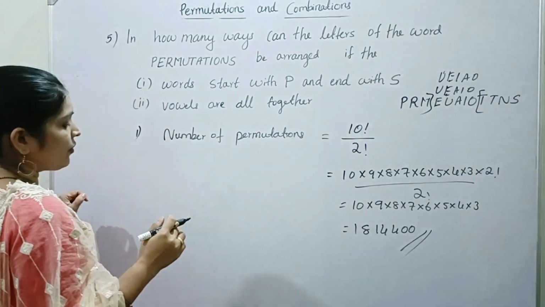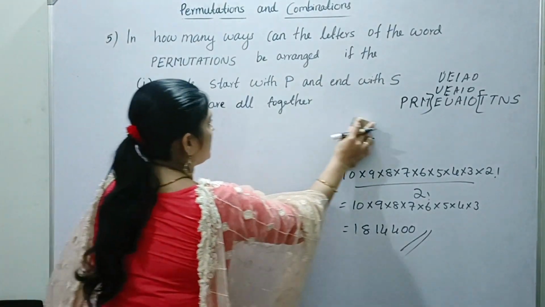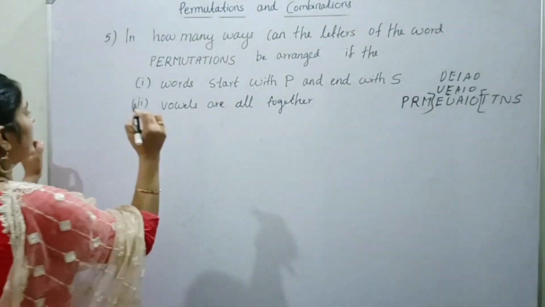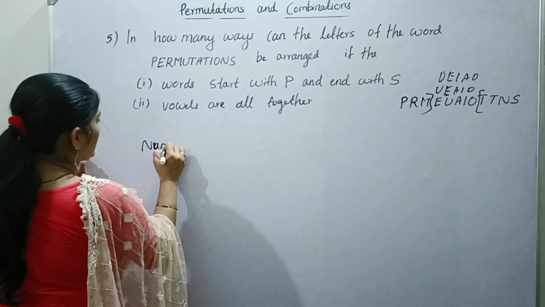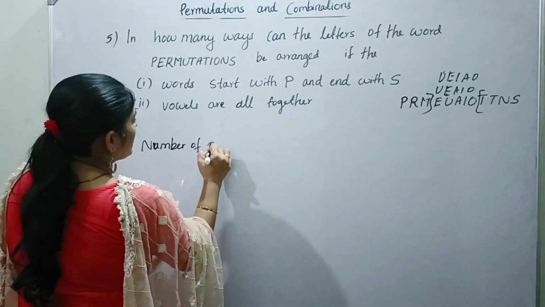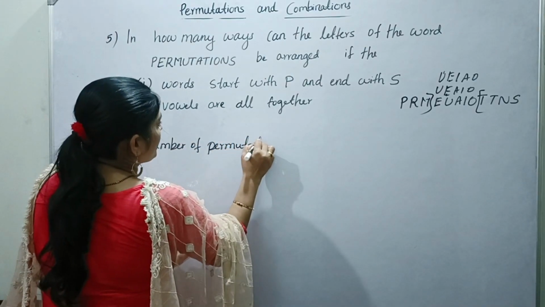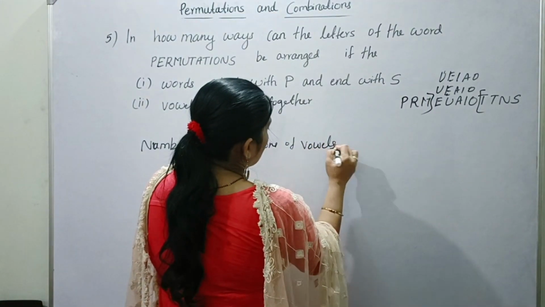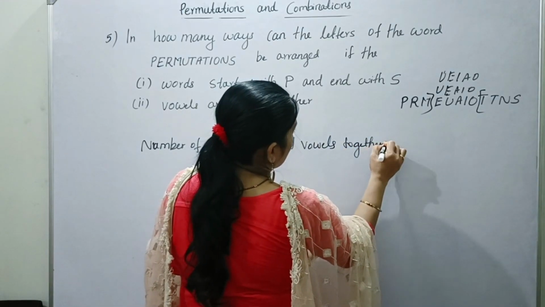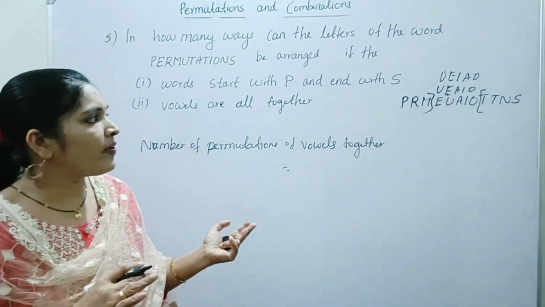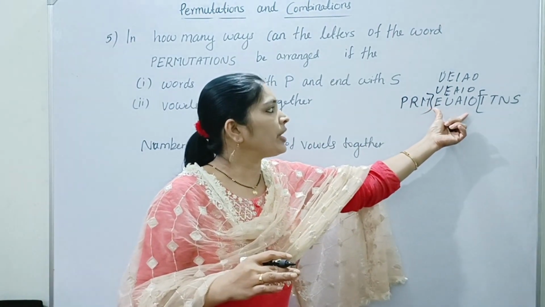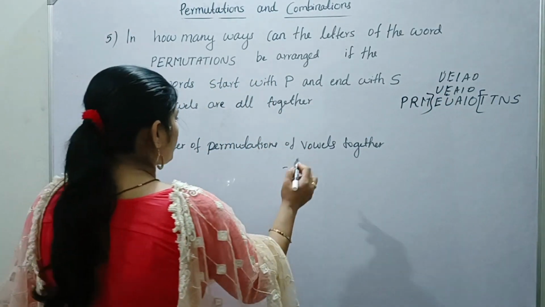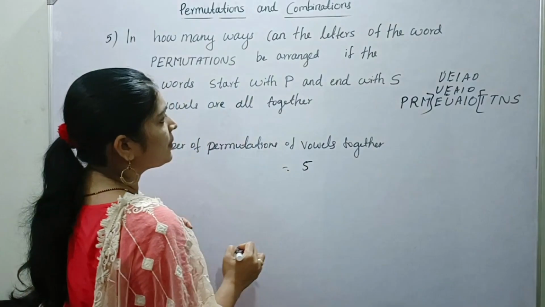So here, first of all, we will find the number of permutations of vowels together. How many vowels are there? 5. So we have to arrange these.